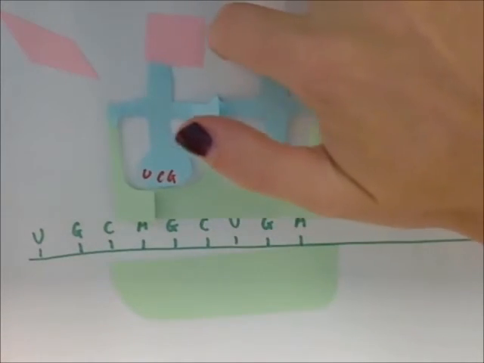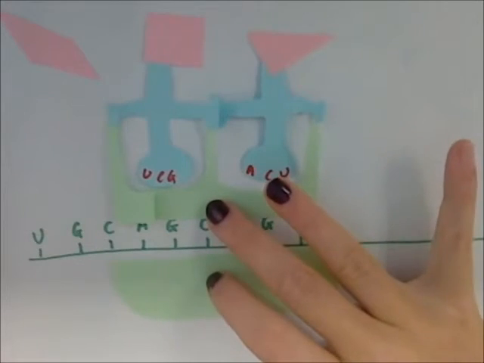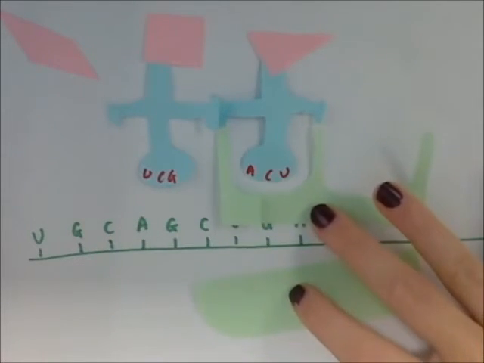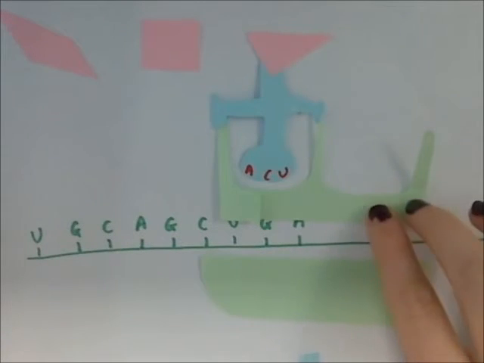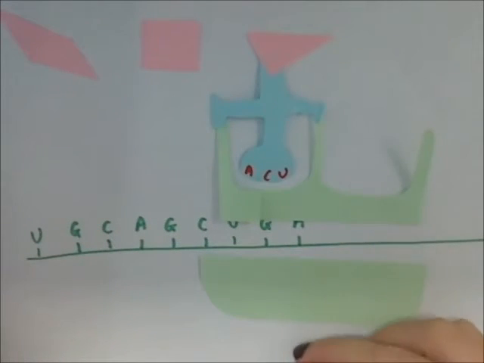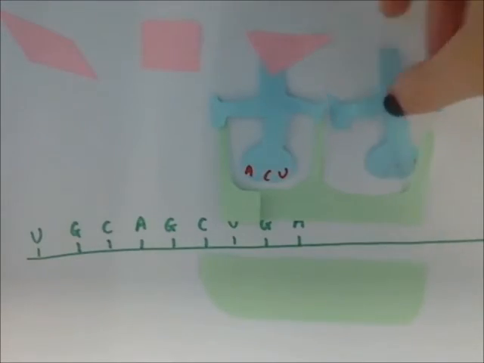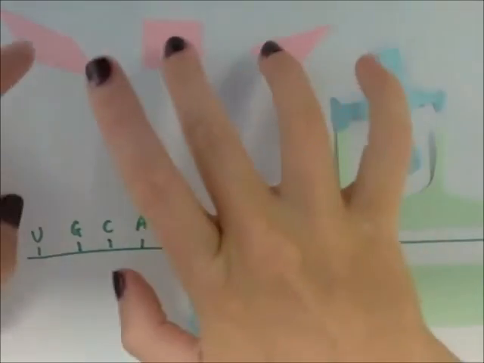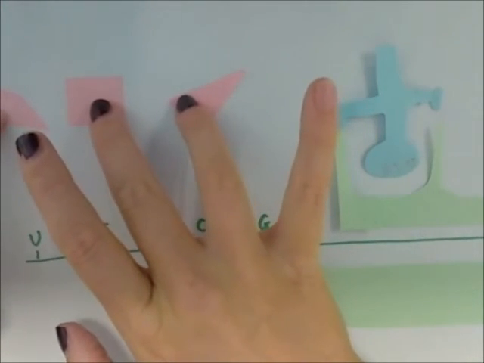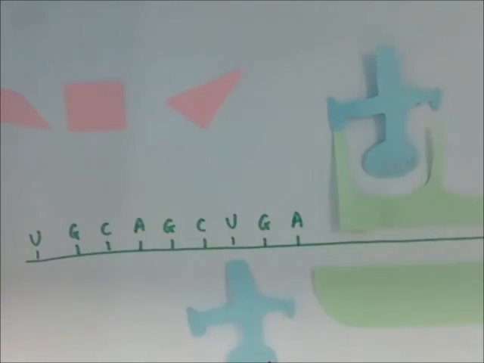A peptide bond will be formed between amino acids, and the ribosome moves on, the tRNA drops off, and so on, until you get to the stop codon, where the tRNA will have no amino acid. So then when that moves on, this drops off, and now your polypeptide chain can coil itself up and become a protein, to be probably sent to the Golgi apparatus, where it will then be packaged up and sent off to the rest of the cell.